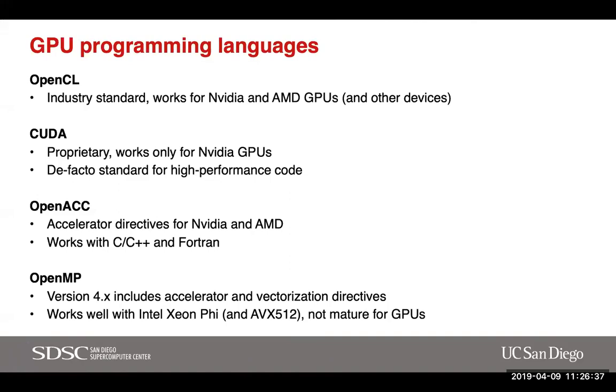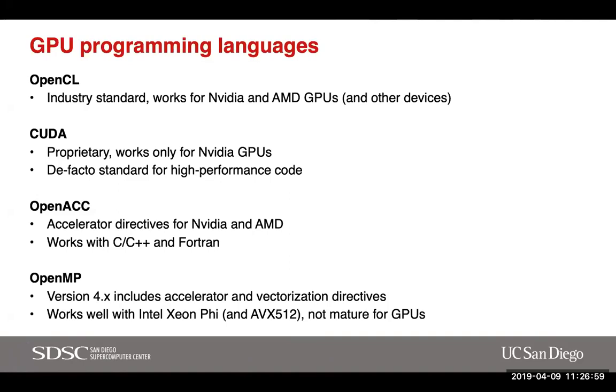Then there's OpenACC. These are accelerator directives that do work both for NVIDIA and AMD. I'll talk a little bit more about that later. The implementations are not necessarily very efficient for both hardware types, but it works with C, C++, and Fortran.